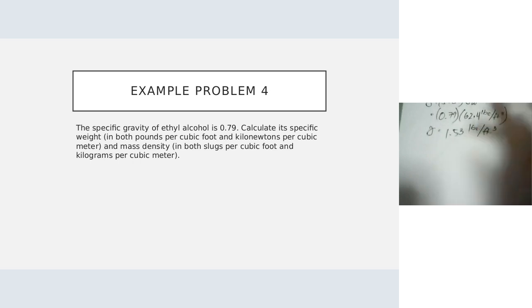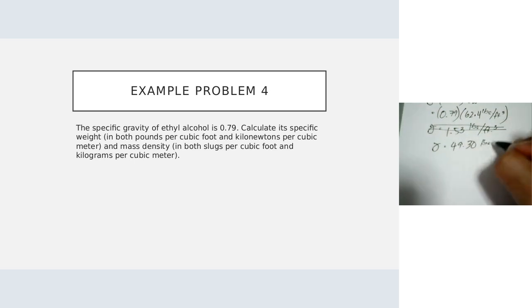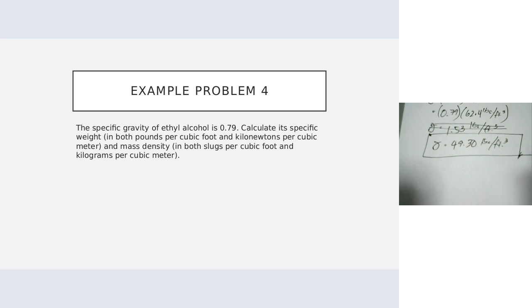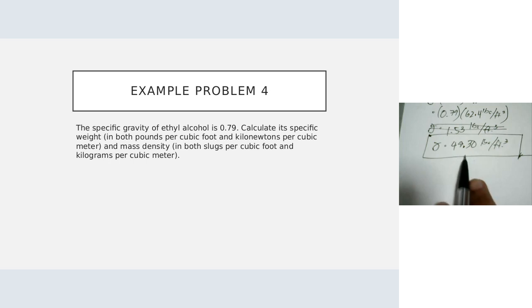Okay. It's 49.30 pounds per cubic foot. Okay. So let's have the answer in 2 decimal places, no? Para dun sa final. So, thank you.